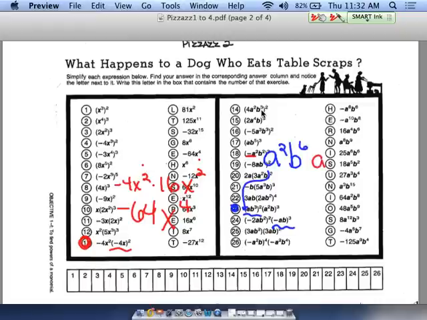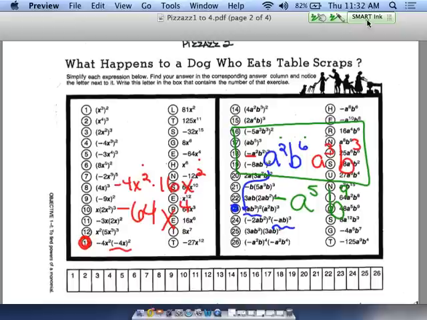Then I would have a cubed, b cubed, and then my final answer combining everything, I would have my negative sign, a base of a raised to the power of 2 plus 3, which is 5, and a base of b raised to the power of 6 plus 3, which is 9. So just bringing all of the properties together in one single problem.